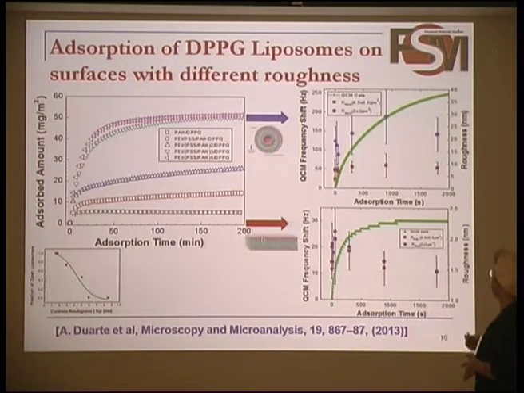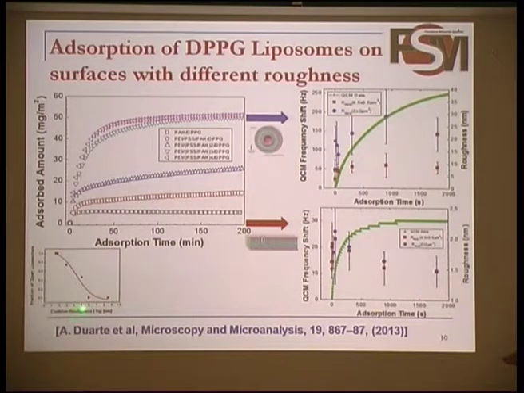This is interesting, but I think it is not necessary to enter into these details. But this small figure shows that when we have roughness, the fraction of open liposomes decreases.